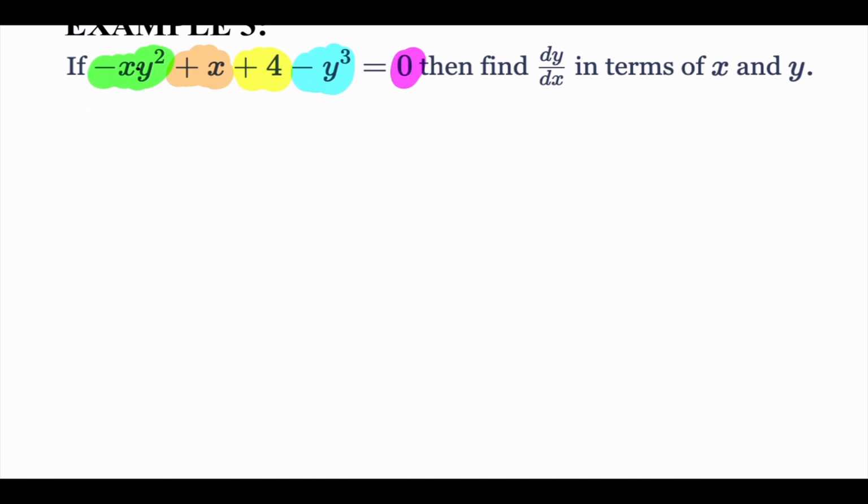Okay? So here we go. The product rule says the first times the derivative of the second. Well, the derivative of y squared is 2y, but then it also needs a dy dx because I found the derivative of y.